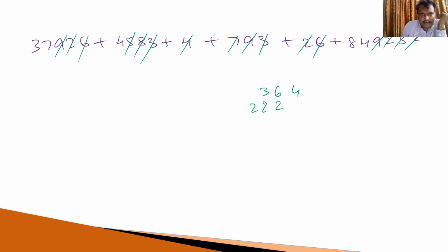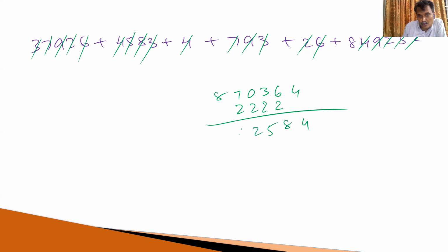Next 9, 3, 0. Next 4, 7. And next only 8. So what is the answer? 4. This is 8. This is 5, 2, 9, 8.